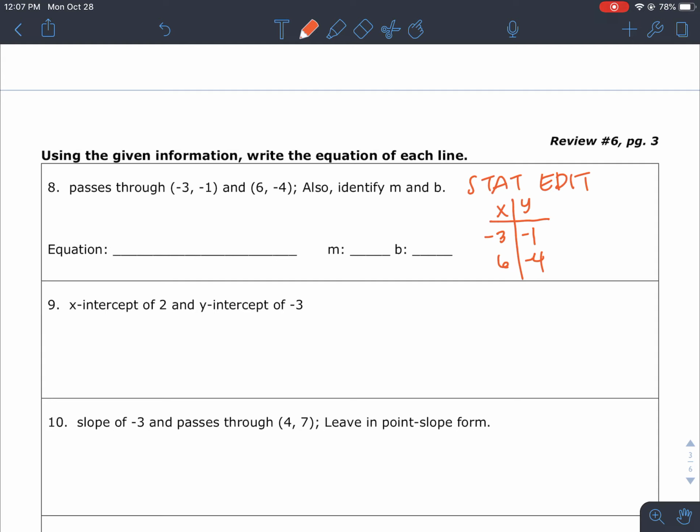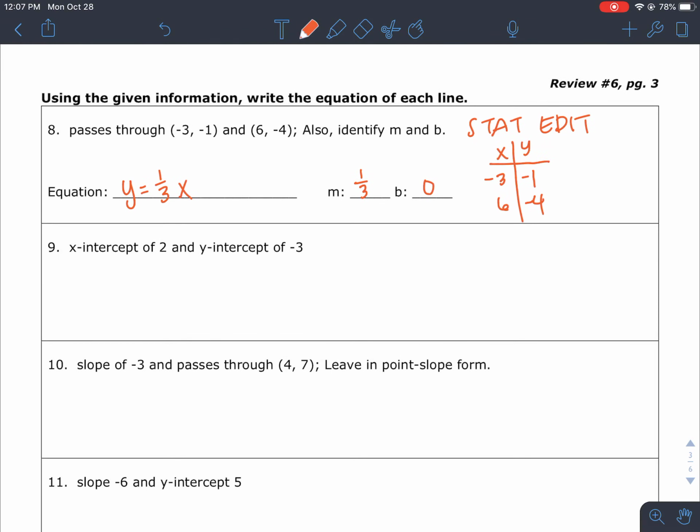Then I would do stat, arrow over to calc, and hit number 4. And I would get that my slope is 1/3 and that my y-intercept is 0. So to write this as an equation, I would say y equals 1/3 x, and I don't need to put the plus 0, so I'm just going to leave it.